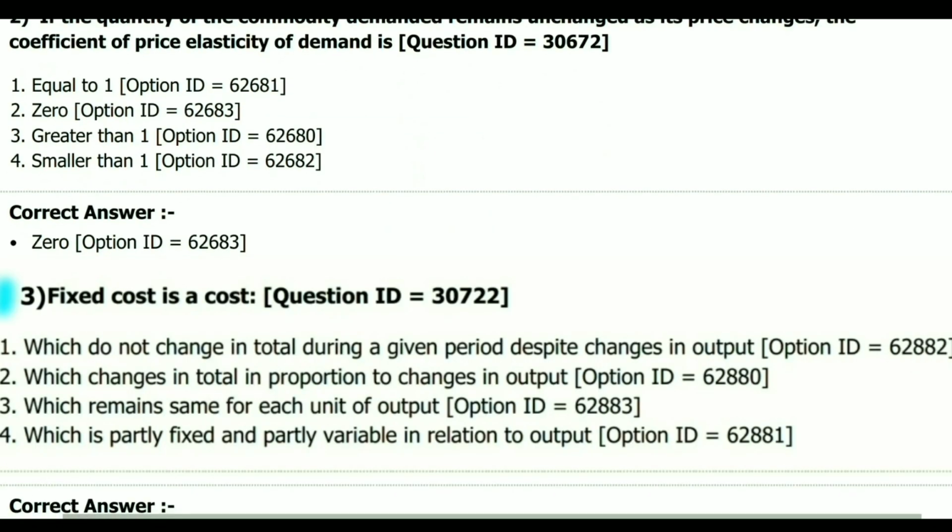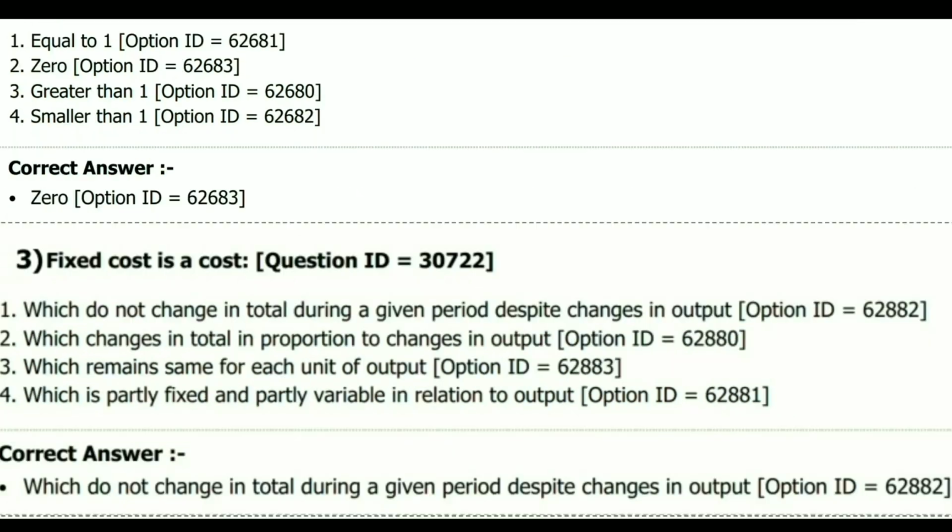The next question is, fixed cost is a cost, the options: which does not change in total during a given period despite change in output, which changes in total in proportion to change in output, which remains the same for each unit of output, which is partly fixed and partly variable in relation to output. The answer is which does not change in total during a given period despite change in output.